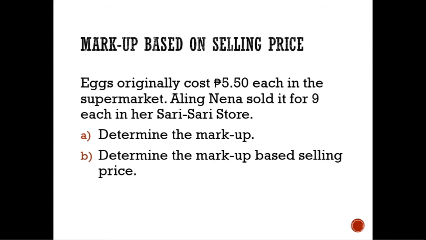So there are two types of markup. Markup can be based on the cost and markup can be based on the selling price. In this example, we will be determining the markup rate based on the selling price.